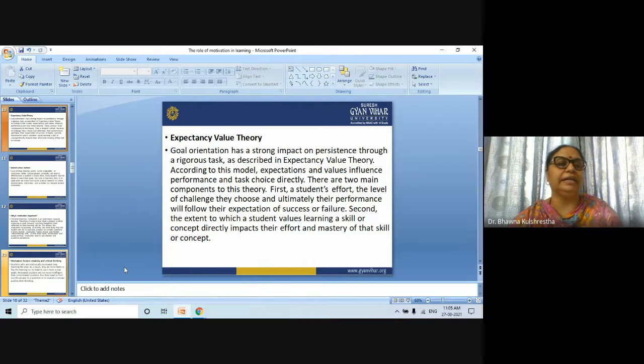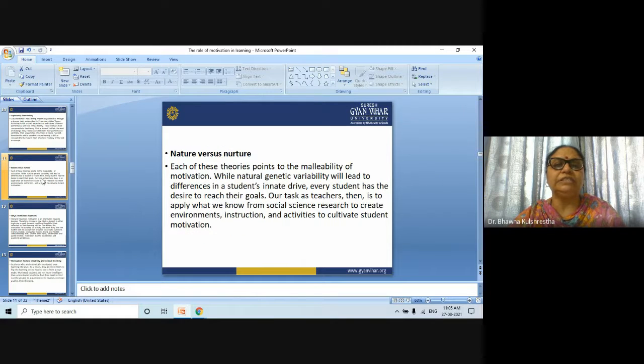And the next is nature versus nurture. Each of these theories points to the malleability of motivation, while natural genetic variability will lead to differences in a student's initial drive.